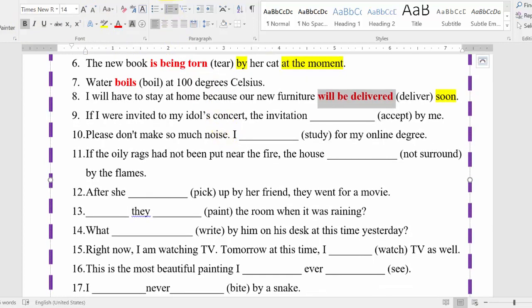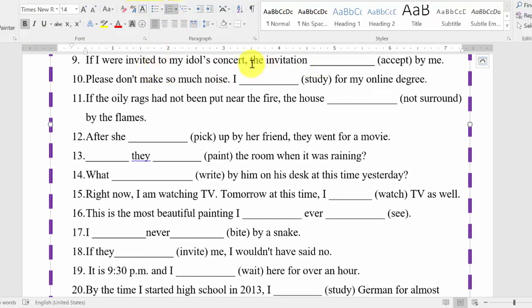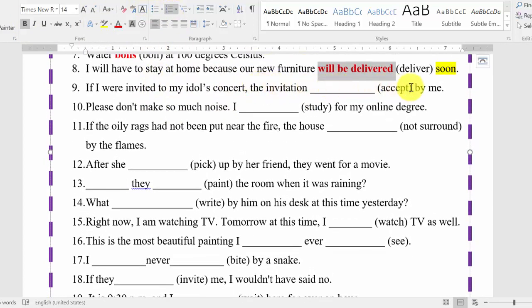Next one, number 9. If I were invited to my idol's concert, the invitation, what, by me. Your keywords here are if and were invited. If and past tense verb. Another part should be would plus original verb. If it's passive, then would be pp. This part, the invitation, what, by me, you have a by here.